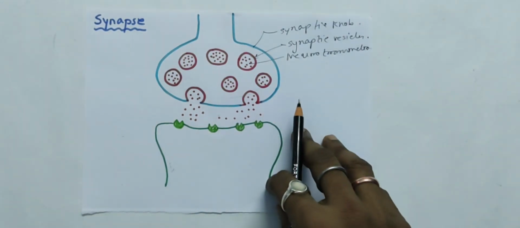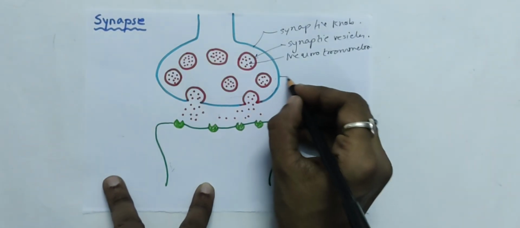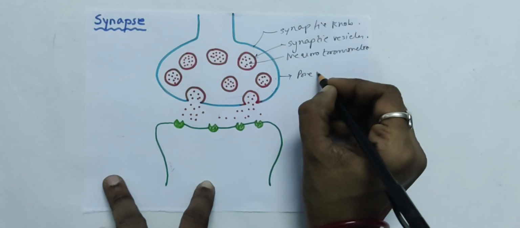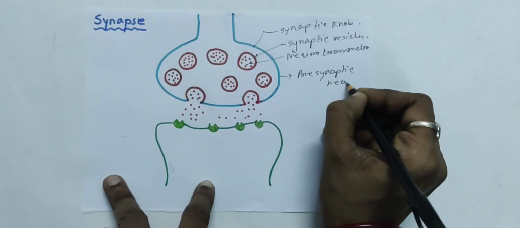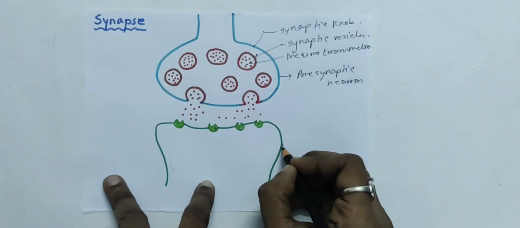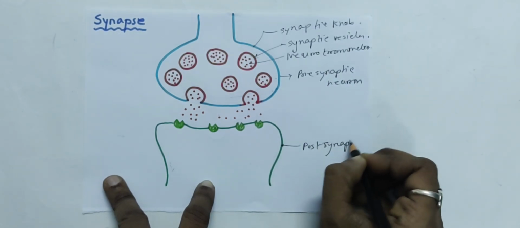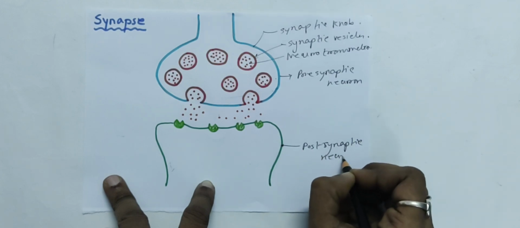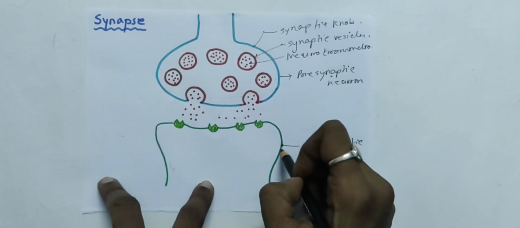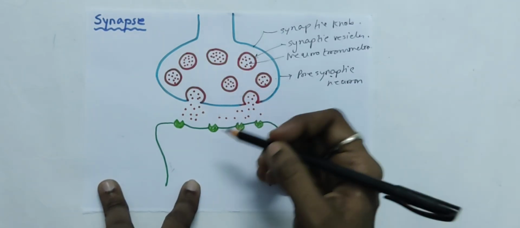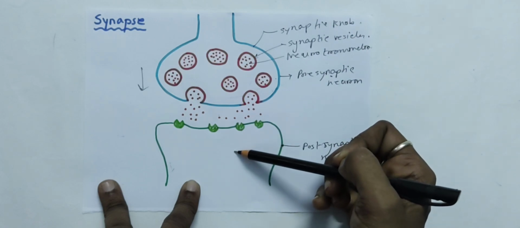Okay. Now come to the synapse. This neuron is called the presynaptic neuron, and this is the postsynaptic neuron, because the impulse comes in this way from the presynaptic neuron to the postsynaptic neuron.